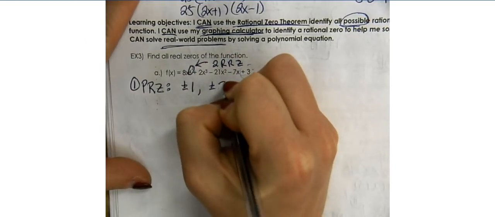So the first thing I'm going to do is identify all of my possible rational zeros. That is always going to be step number 1. Identify your possible rational zeros. In this case, the factors of my constant term, which is the number 3, are plus or minus 1 and plus or minus 3.